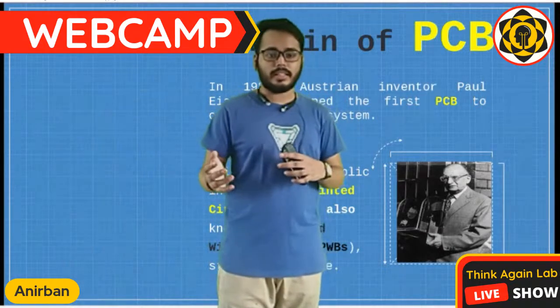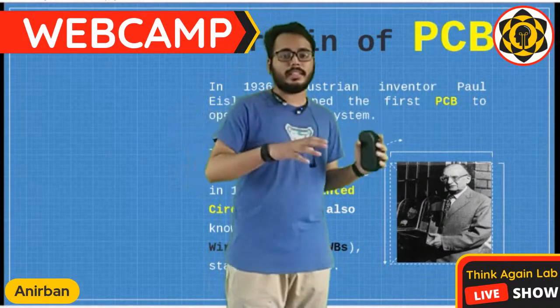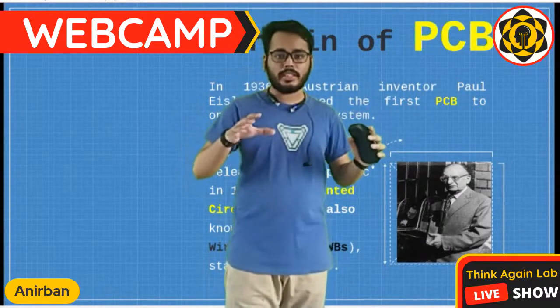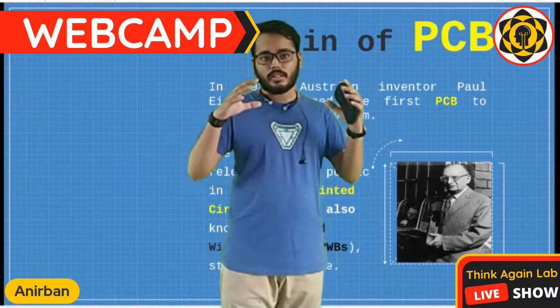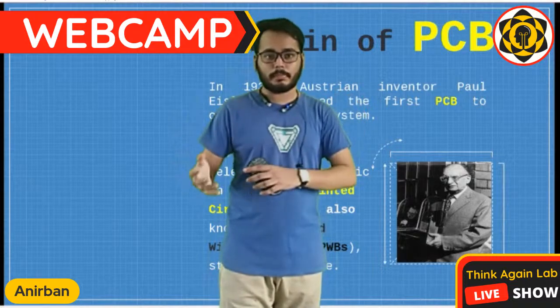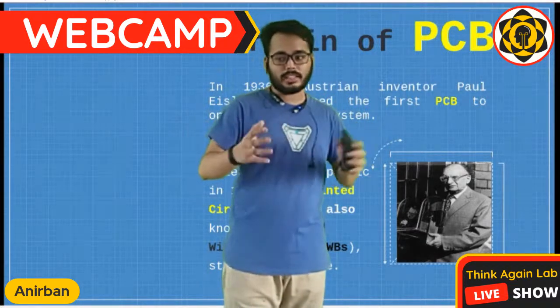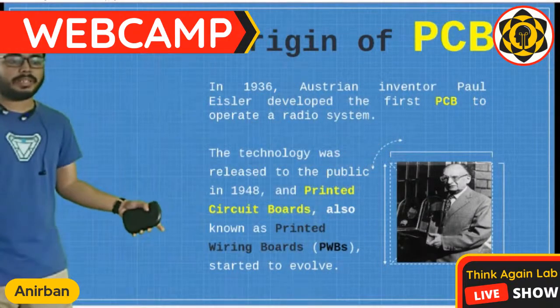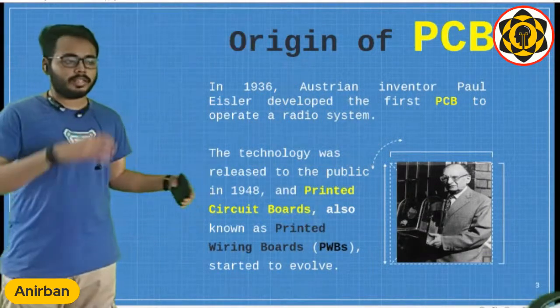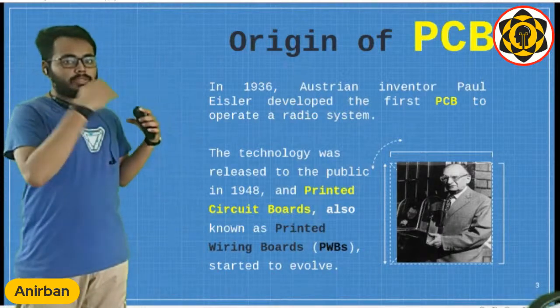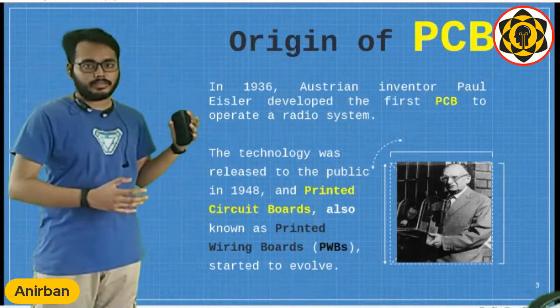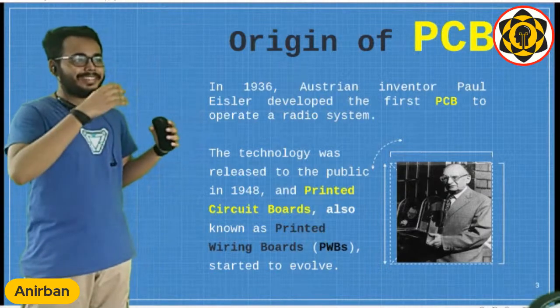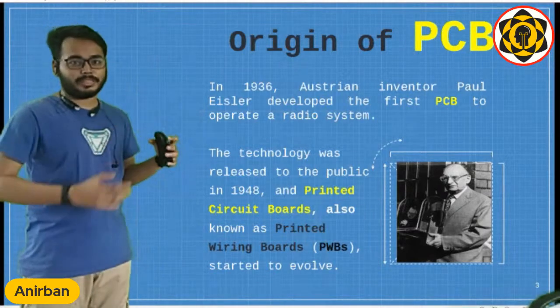But he decided that we can put all of these things on a board-like structure, and then we can provide more support to the radio, and that will last longer. He named those things printed wiring boards, or PWBs. And then the technology was released to the public in 1948, 1 year after our independence, and then this slowly evolved into something that we know today as PCB.